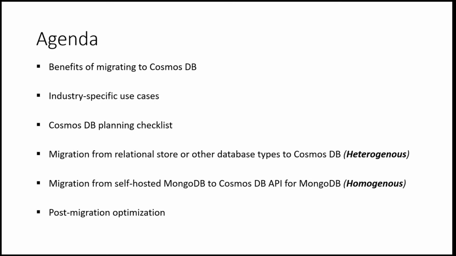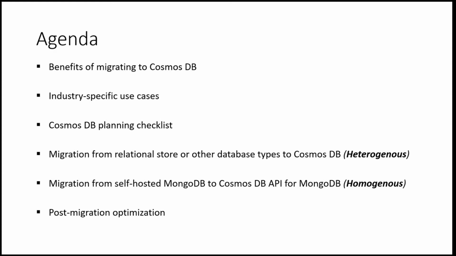We're going to start with looking at the benefits and the top reasons why customers migrate to Cosmos DB and what you should focus on. What are some of the top industry-specific use cases? These are a few common application scenarios where a document style database is extremely useful.